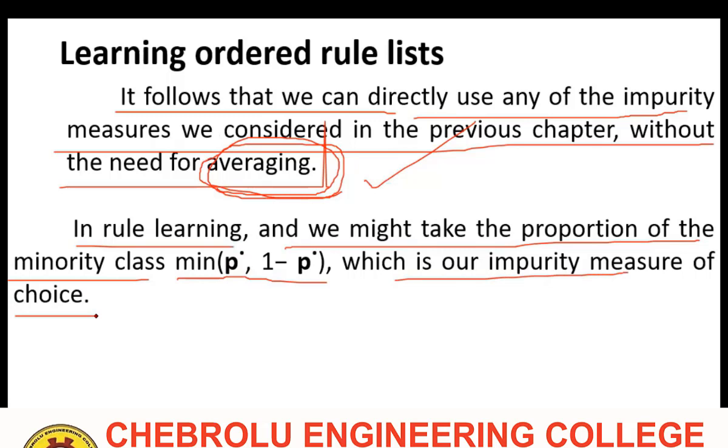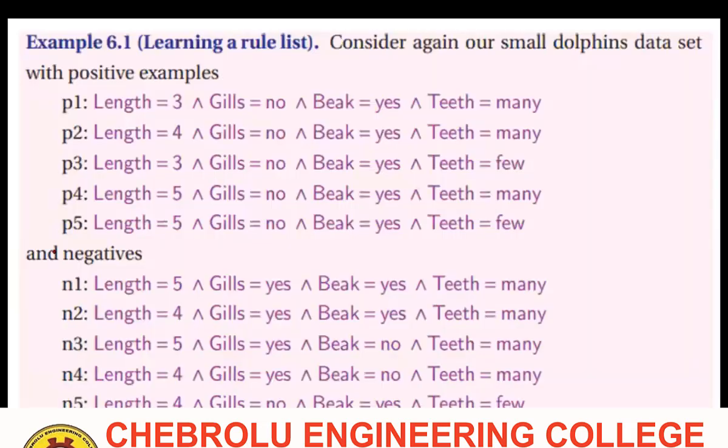This we will discuss in detail in the coming sections. But remember, it is min of p comma 1 minus p. Whichever is minimum, we are going with that.